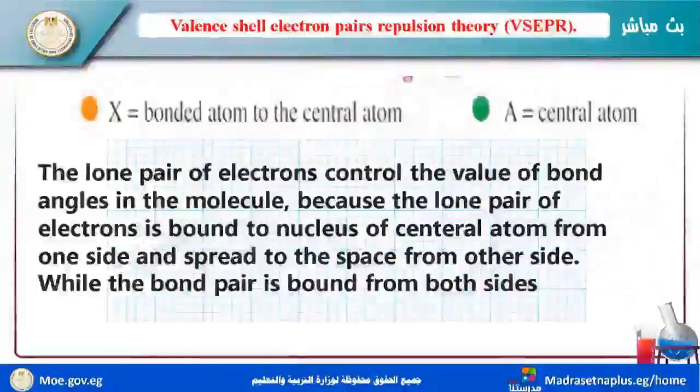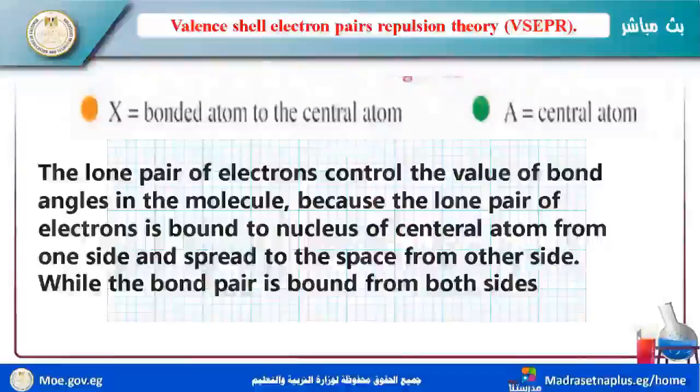X is a bonded atom to the central atom, and A is the central atom. Lone pairs of electrons control the value of bond angles. Why do bond pairs not affect the angle, while the central atom's lone pair is the controller of the bond angle value?